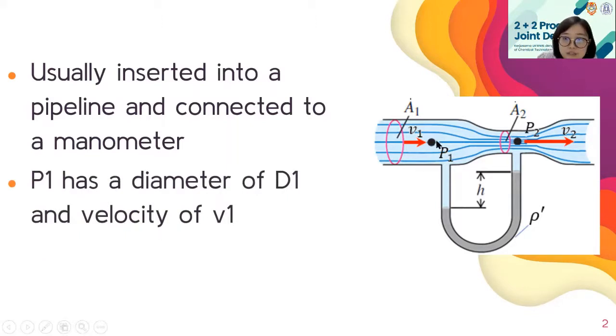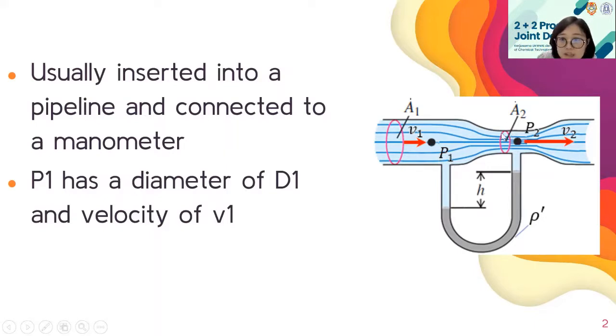As you can see here at point 1, it has a velocity 1, a cross-sectional area 1, and its own pressure 1.